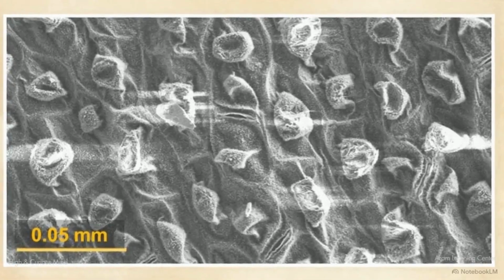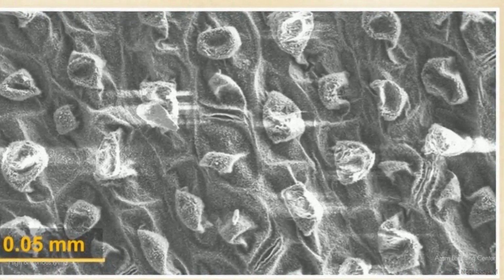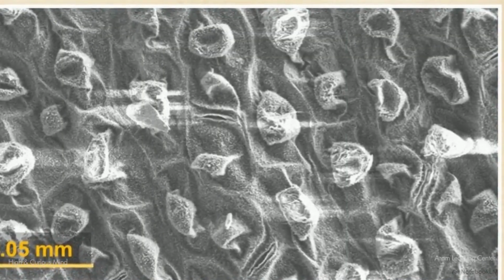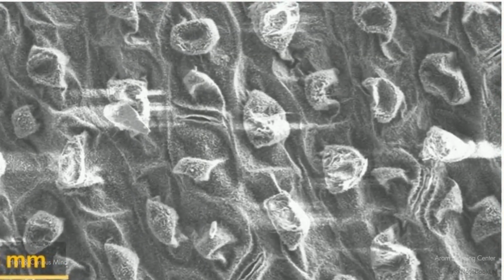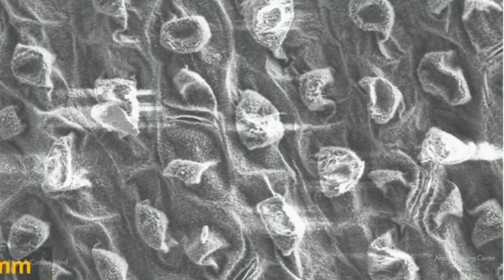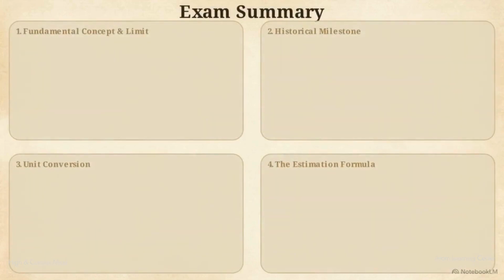This image of a leaf surface was captured by a scanning electron microscope. By resolving images at the scale of a nanometer, 1/1000th of a meter, scientists can observe cellular features with remarkable clarity. As our ability to resolve these images improves, our understanding of the fundamental building blocks of life continues to expand. Let's review this exam summary.